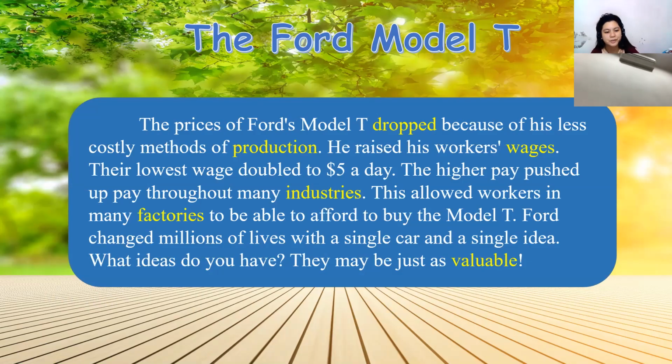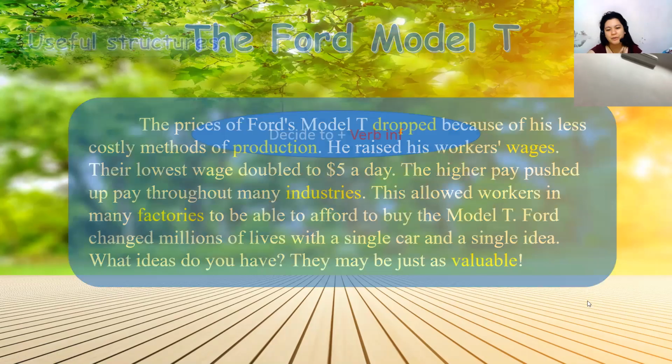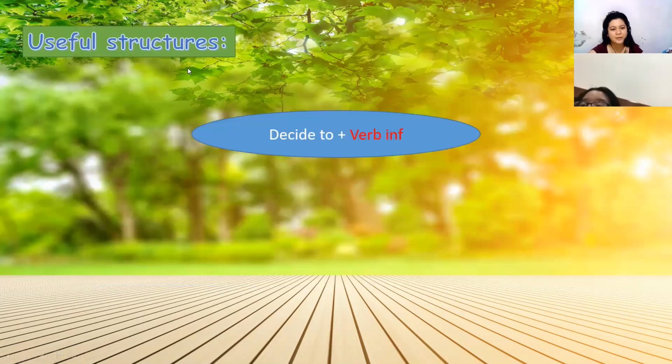This allowed workers in many factories to be able to afford to buy the Model T. And the Model T Ford changed millions of lives with a single car and single idea. What ideas do you have? They may be just as valuable. Valuable. All right.